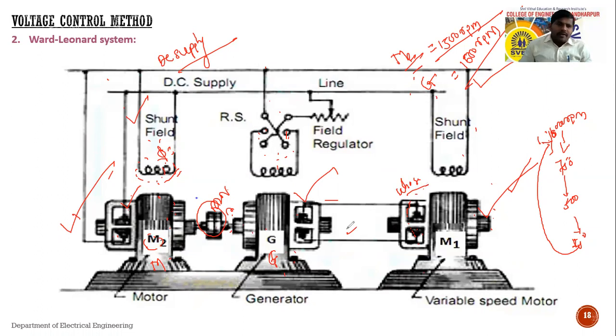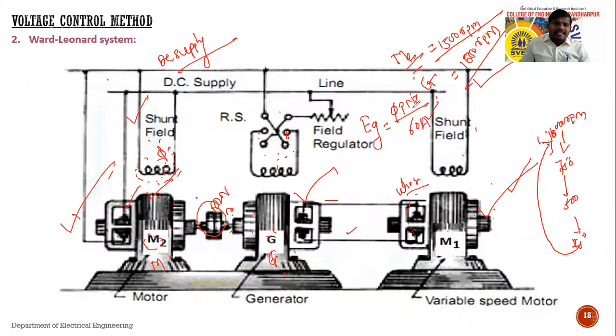Yes, sir. Okay, now see, this machine, it can be run as a constant speed. The constant speed na run hote, so speed of the generator, it is nothing but constant. Now see, what is the formula for induced EMF? Easy, it is equals to phi P N Z divided by 60A, right?